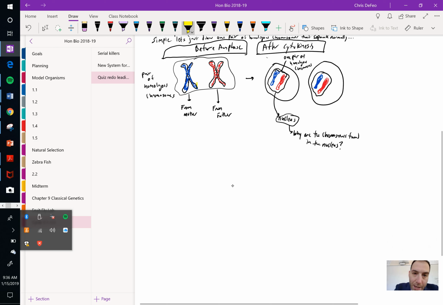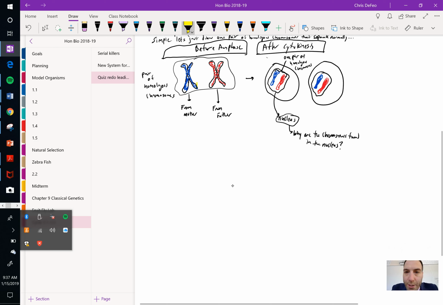That means that the original chromosomes that come from the mother and from the father are similar. They have similar genes on them. But of course, they're probably going to have different alleles, different versions of those genes. So a pair of homologous chromosomes really refers to the similar chromosomes that you get from your mom and from your dad.